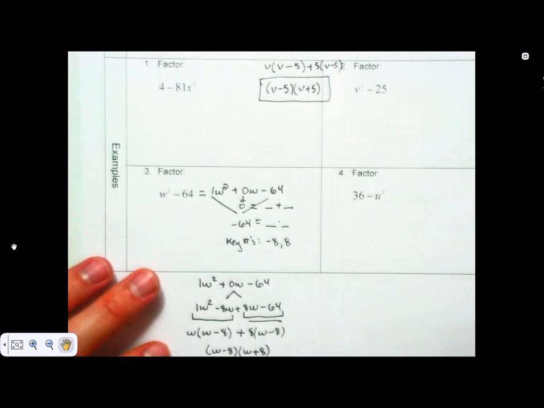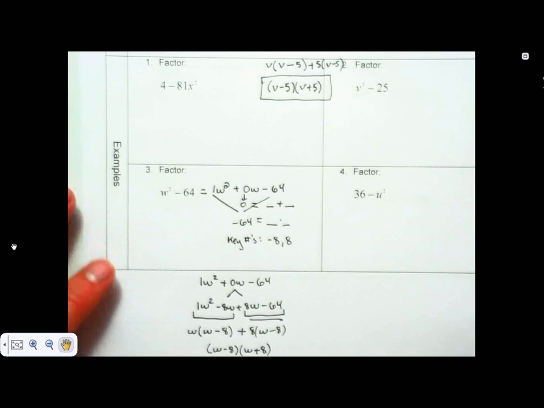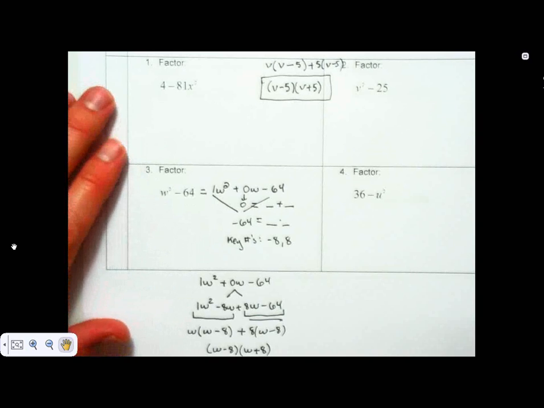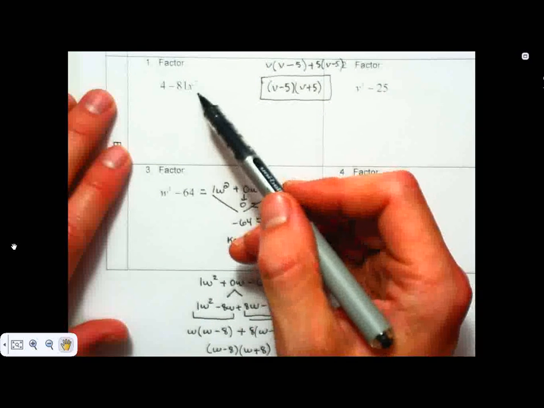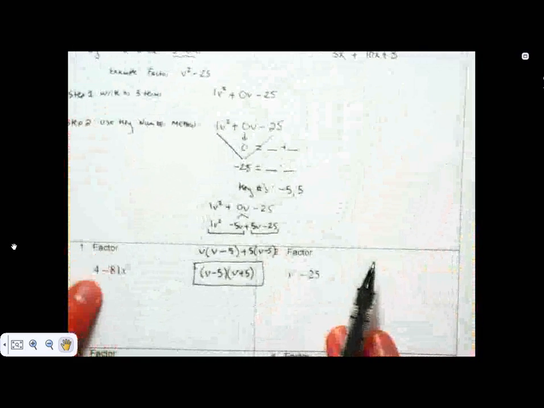Okay, I want you to try number 1. Pause the video, and then restart after you've given it a try. So number 1, our first step is actually to make sure we have the terms in the right order. So notice that it's 4 minus 81x squared.